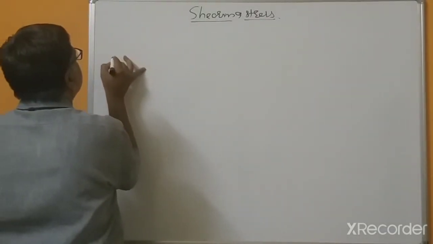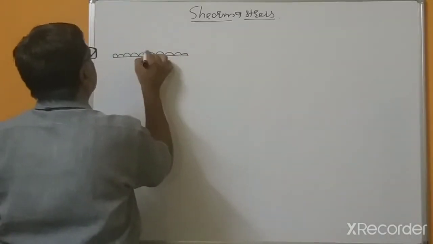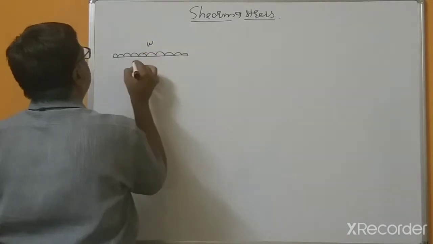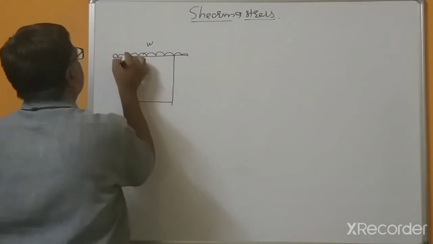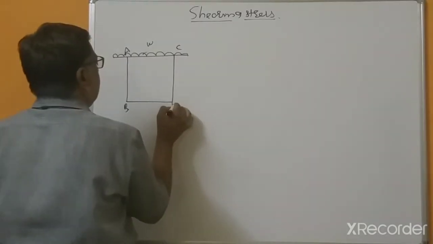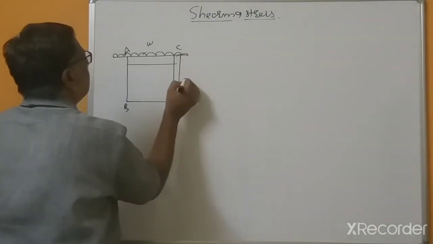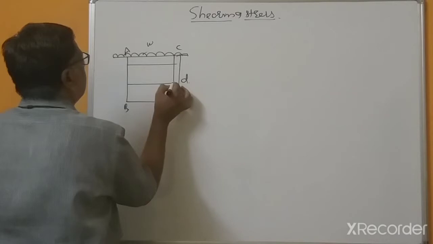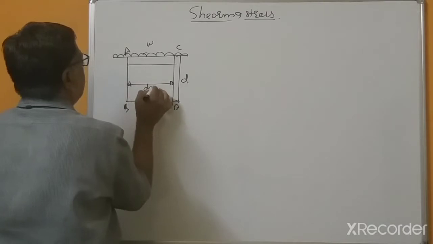Suppose consider this is a small length of a beam having UDL W, and this is a small cross section A, B, and this is C, D, having depth D and length equal to dx.